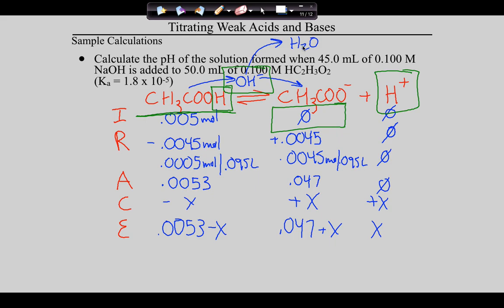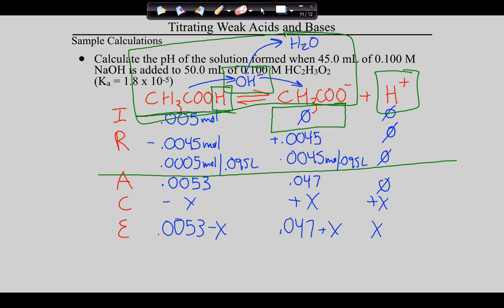What it doesn't do is release hydrogen ion into solution because that hydrogen gets tied up as water. Okay, then once all of this chemistry has taken place, which is described up to here, then these new concentrations of acid and conjugate base ion go to equilibrium. And it's at that point that we start seeing the production of some hydrogen ion.